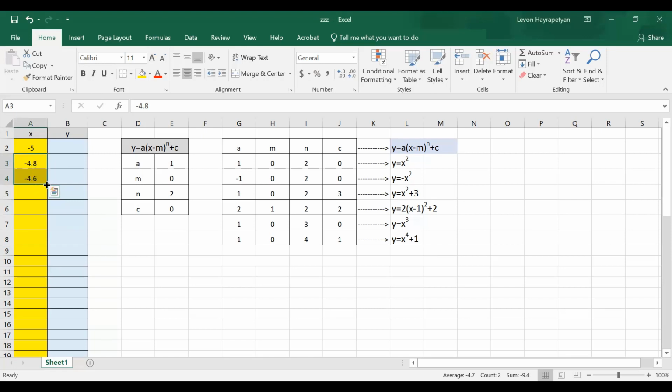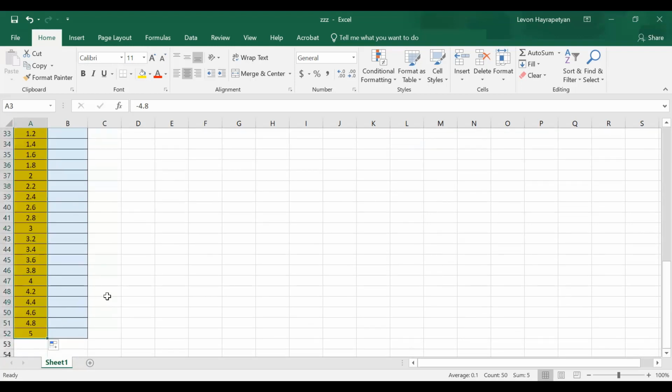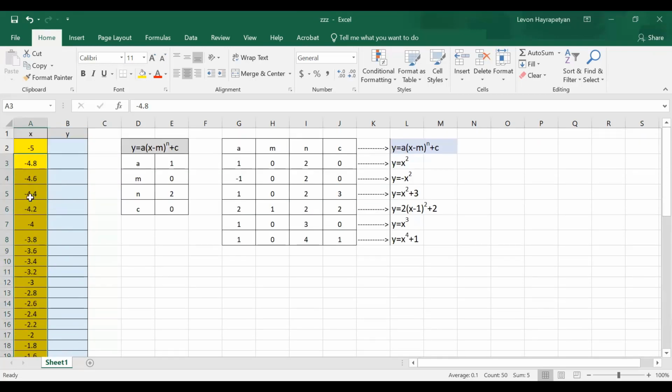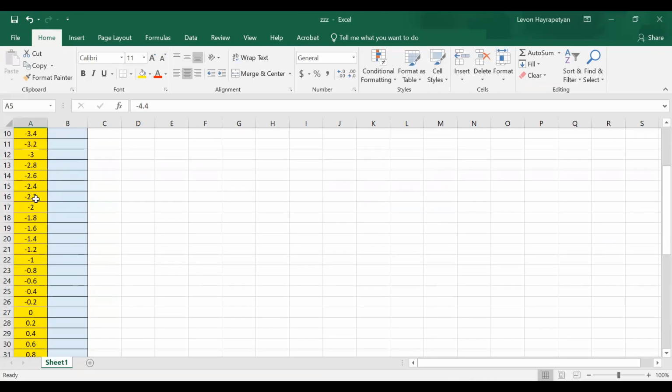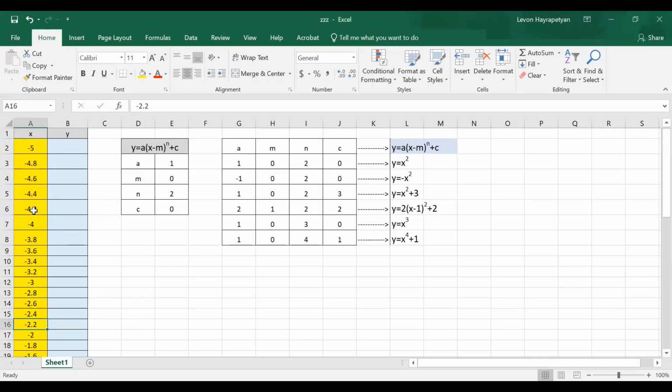And then when I drag down, which means copying, it will generate numbers with the same property. As you can see, we generated numbers, and each number is 0.2 more than the previous one. So these are the values for x.